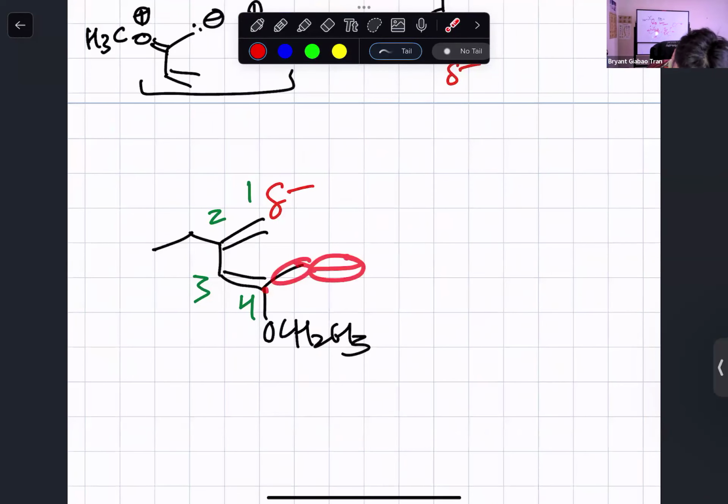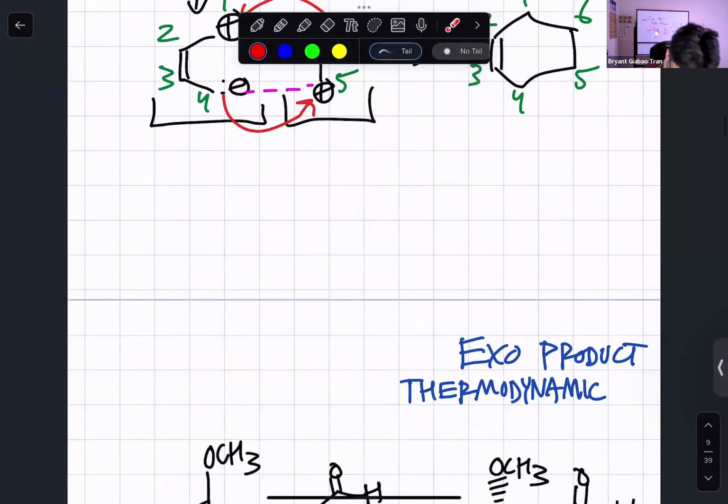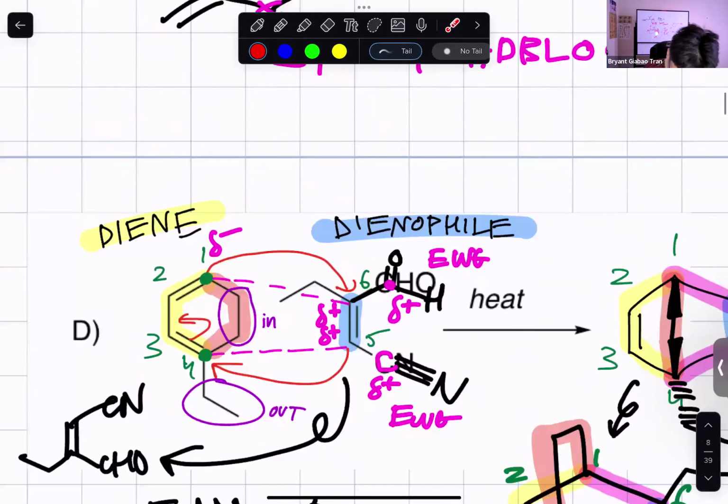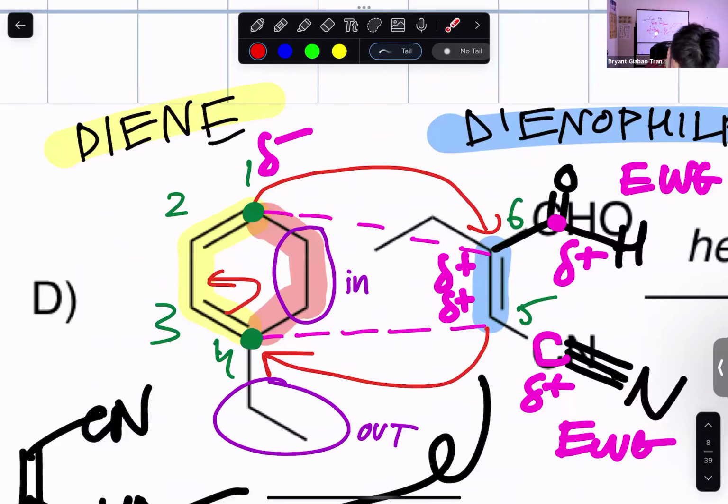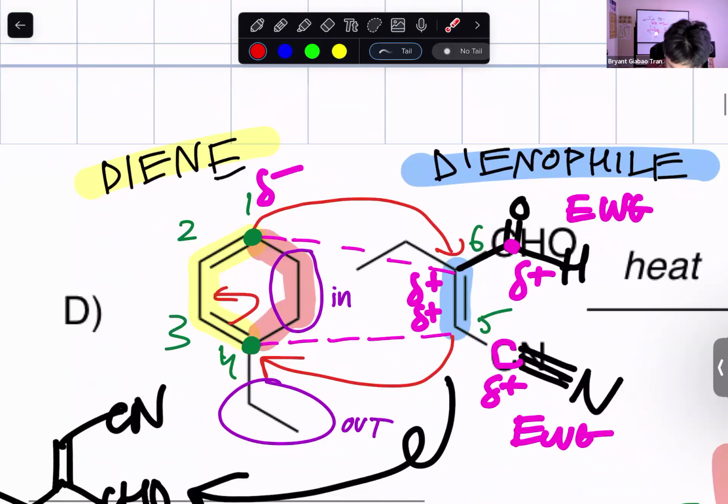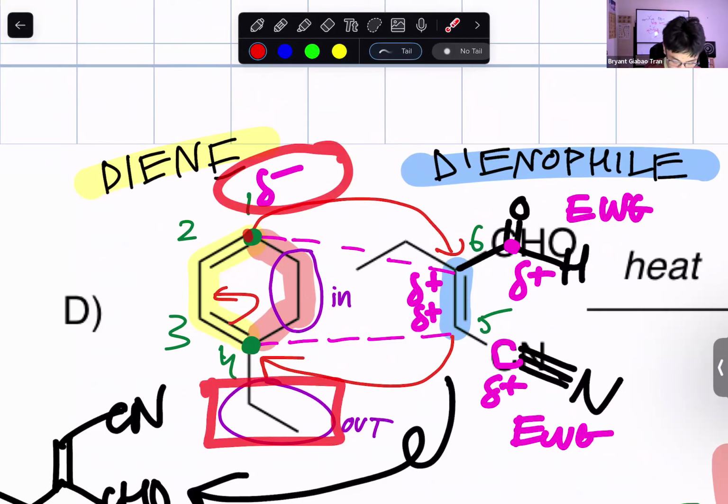If you imagine negative charges there and we do resonance, it pushes there, pushes this there, giving a negative charge on carbon 1, like that. So if we go back to this problem, now I think it should make more sense why I put the negative charge on carbon 1 here, because this R group is donating electrons, which pushes the negative charge to the other end of the diene.